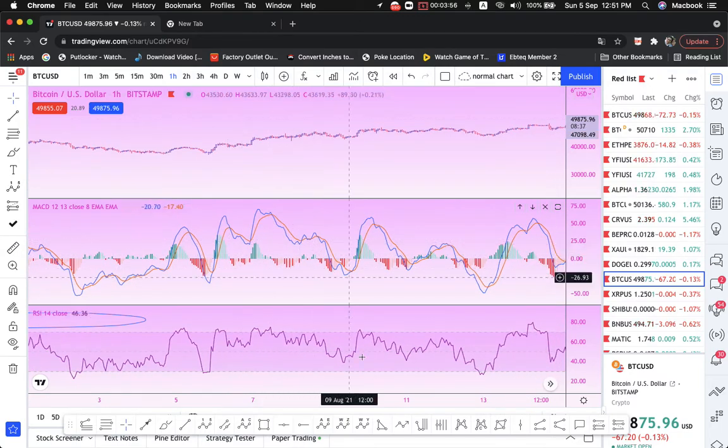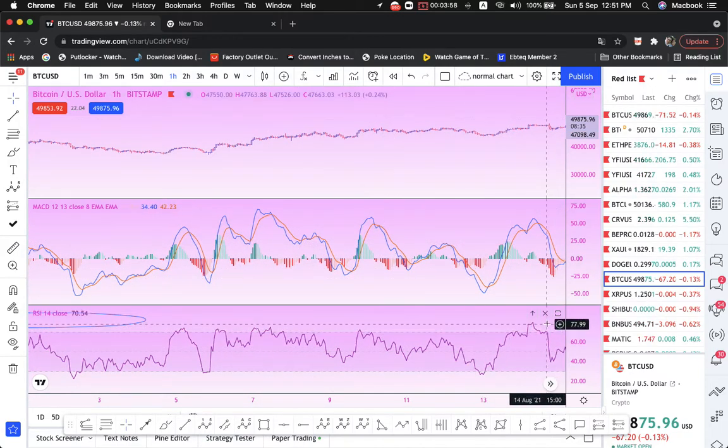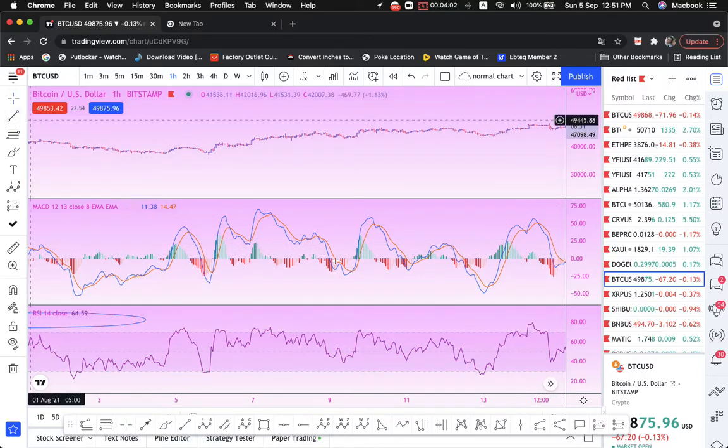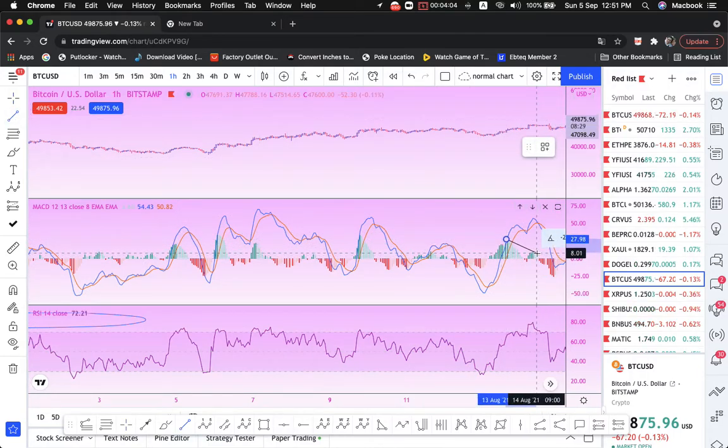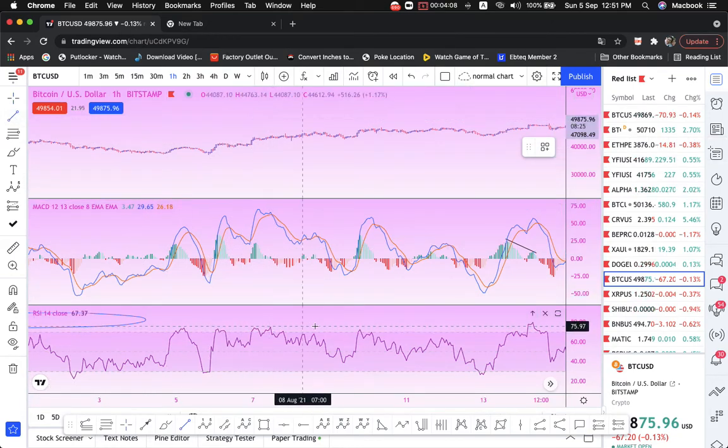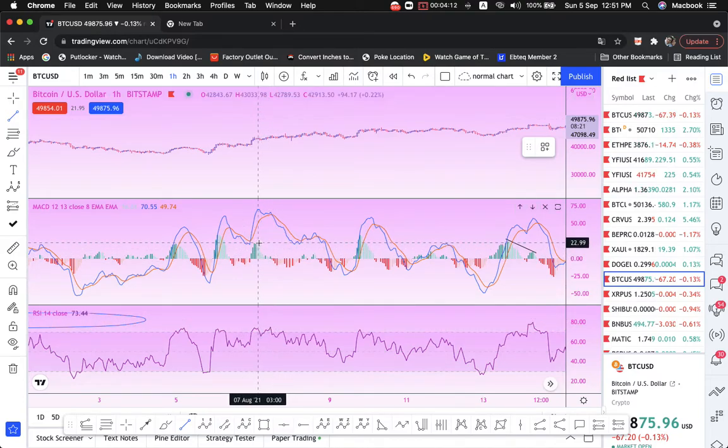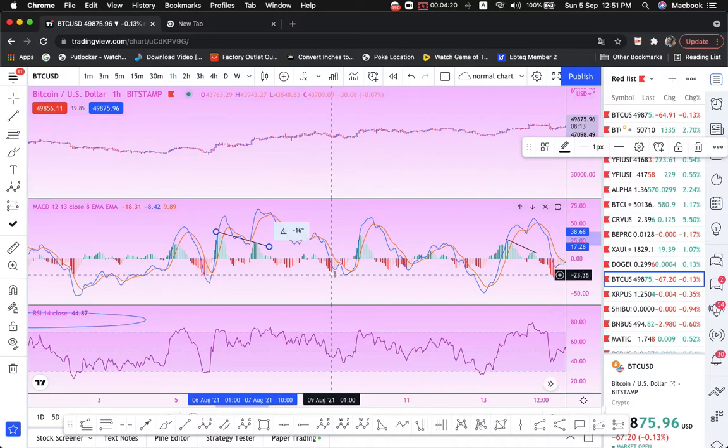So this one here, we got the divergence here, and then somewhere along the way here. Somewhere along here, we got some kind of a bearish divergence as well.